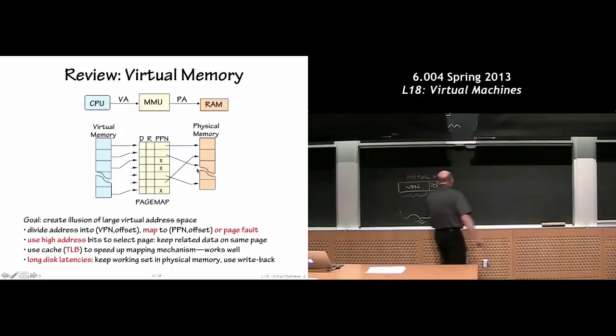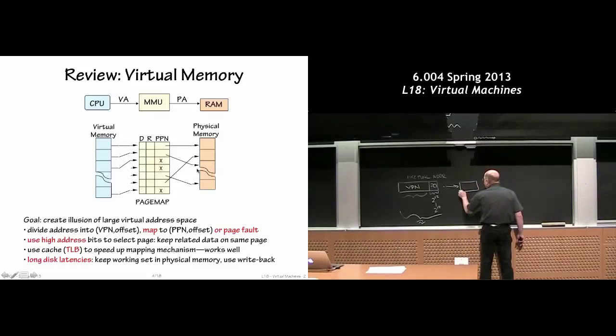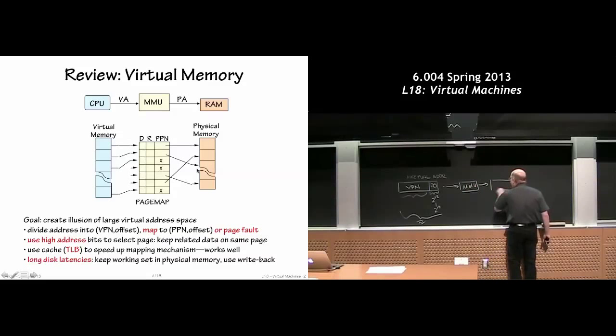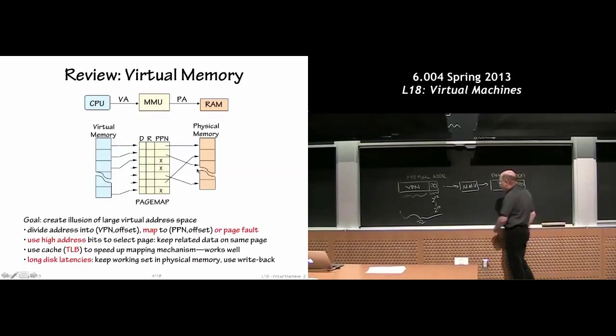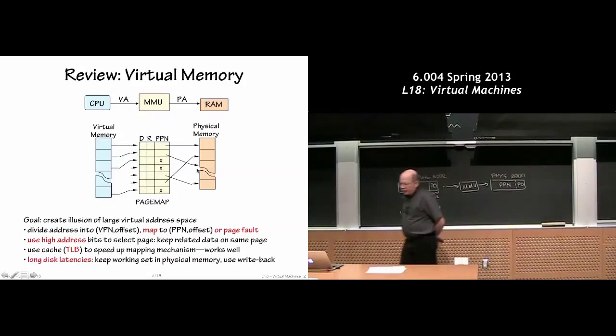So the idea is that the MMU's job is to come up with a physical address which has the same page offset, but in its high order bits has the physical page number. So the MMU does that mapping.